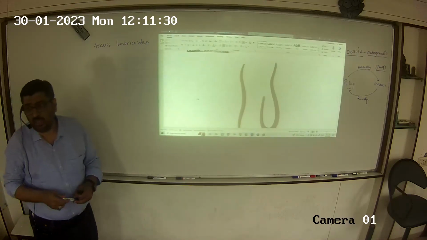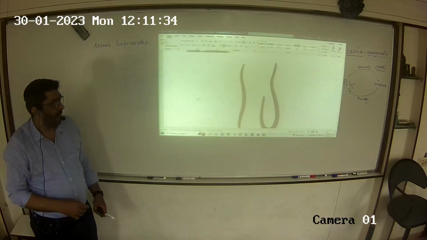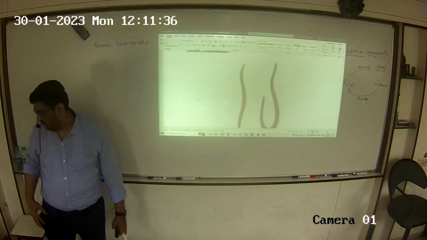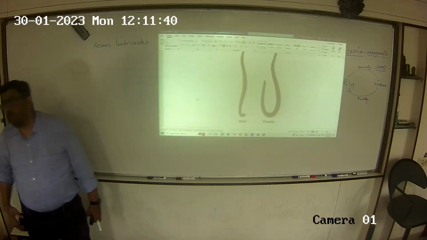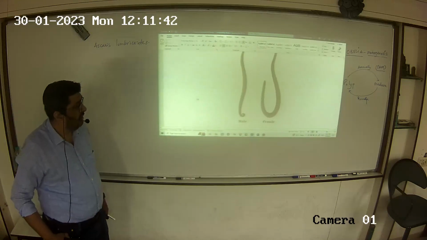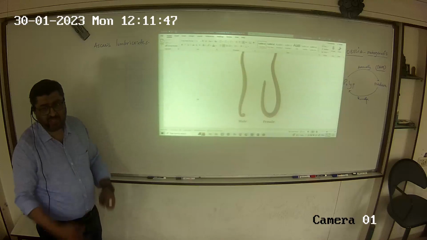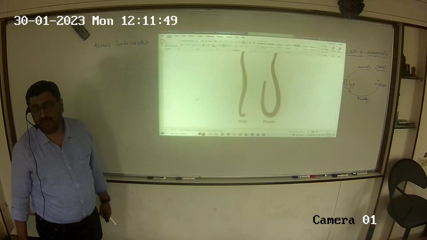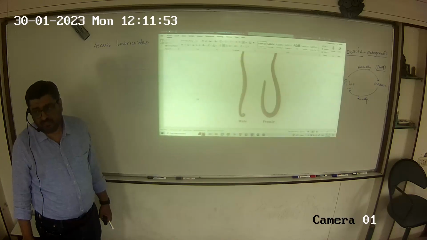The species is known as Ascaris lumbricoides. Now, as you can see, the image given is of a male and female Ascaris. Now, sexes are separate. So, kya hoga? Mono ya dioecious? Dioecious. Very good. It is dioecious now. Okay.